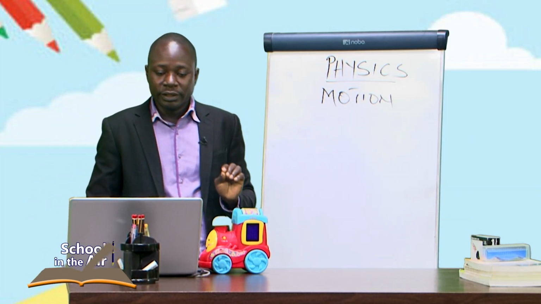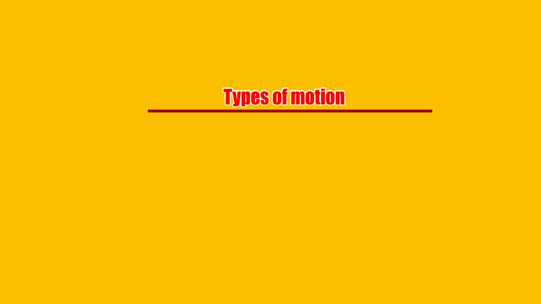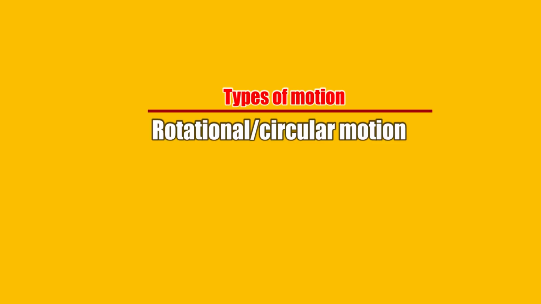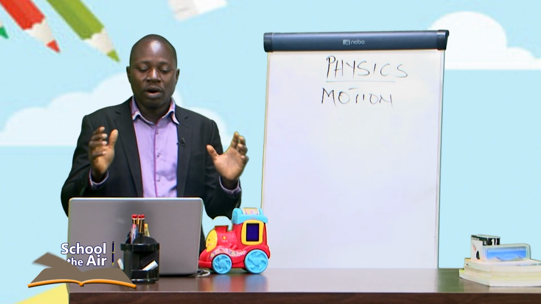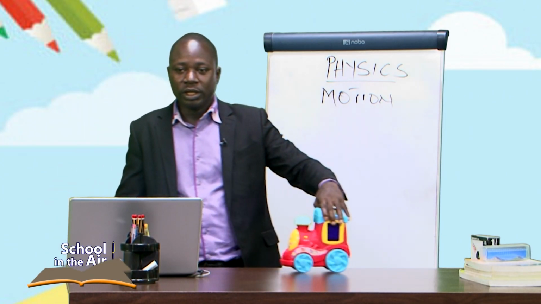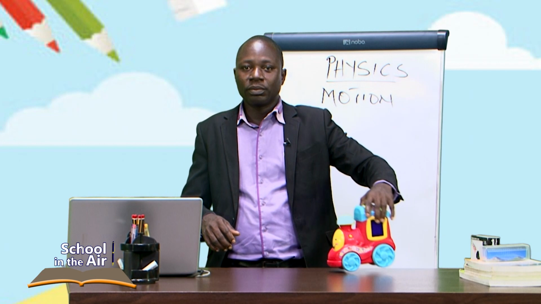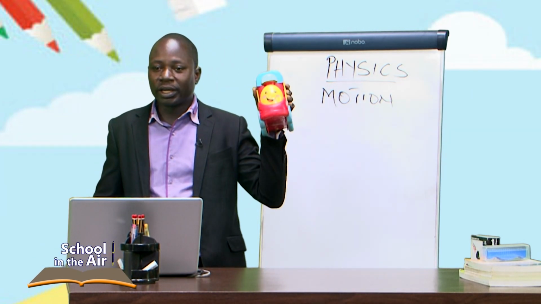Now, the third type of motion is the one we call rotational or circular motion. Take a look at this toy car.